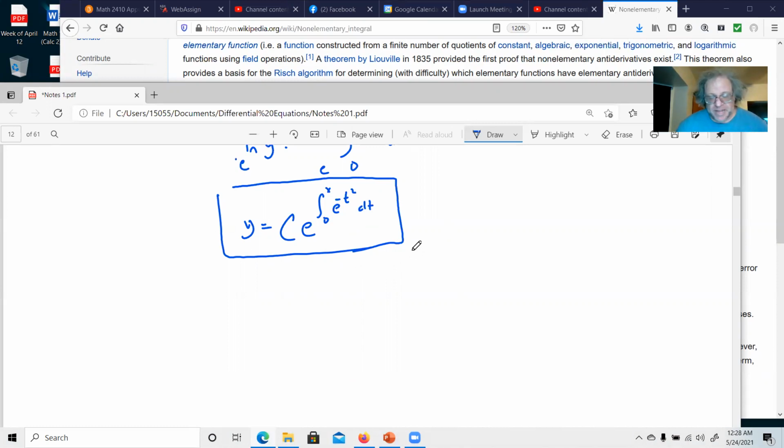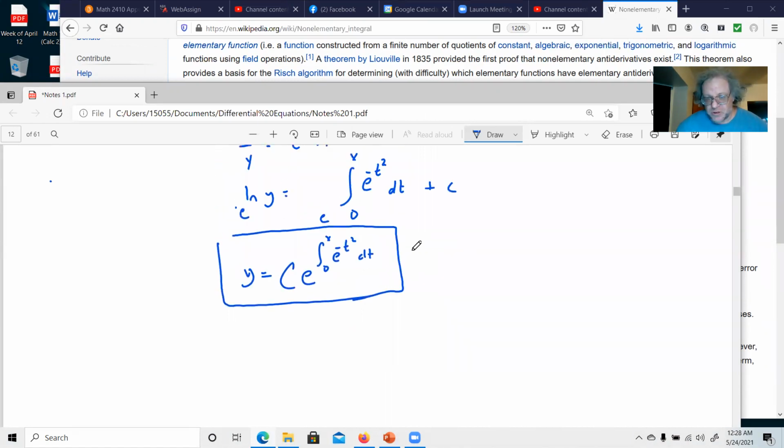Okay, but that's separable differential equations. Like I said, most of the time these are a lot tamer than what the book has shown you. But just recall that you might have to do an integration by parts. You might have to do a crazy u-sub. You might have to do a trig substitution.